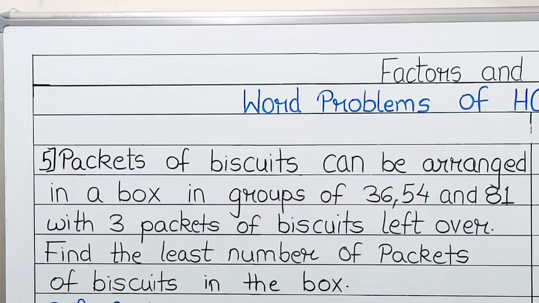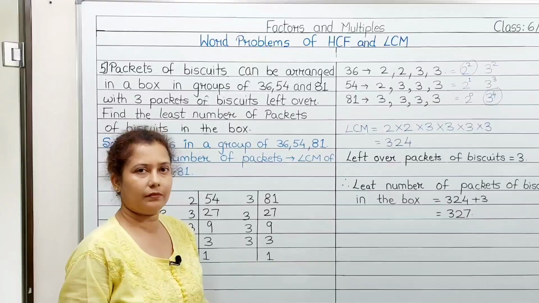Next sum. Packets of biscuits can be arranged in a box in groups of 36, 54 and 81 with 3 packets of biscuits left over. Find the least number of packets of biscuits in the box.